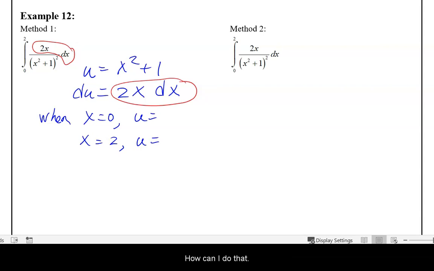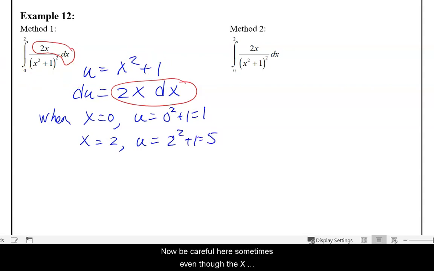Now, how can I do that? Well, easy. I know what u is. It's x squared plus 1. If x is 0, then u has to be 0 squared plus 1, which is 1. What about when x is 2? This would give me 2 squared plus 1, which would give me 5.